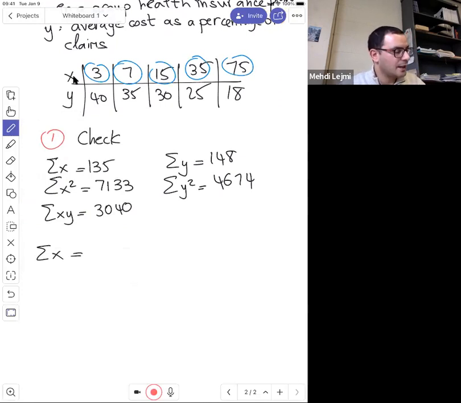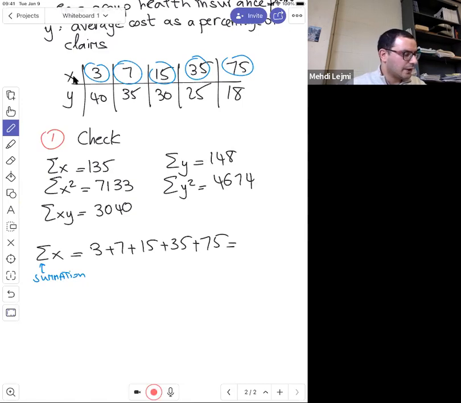This is the summation, so you take the sum of the values of x: 3 plus 7, plus 15, plus 35, plus 75. If you use your calculator, there's only one operation, which is addition. So if you do 3 plus 7 plus 15 plus 35 plus 75, you're supposed to get 135. That's the 135 here.